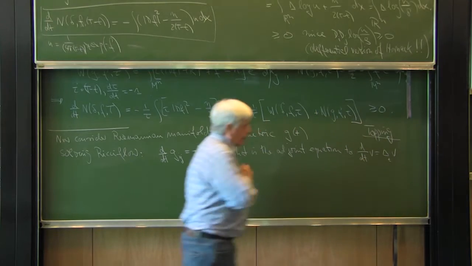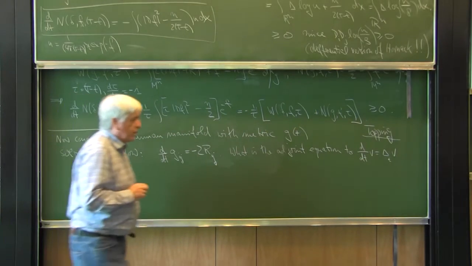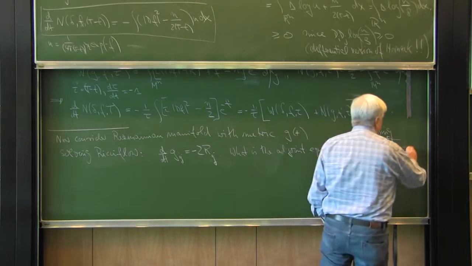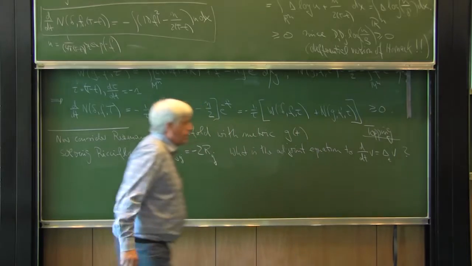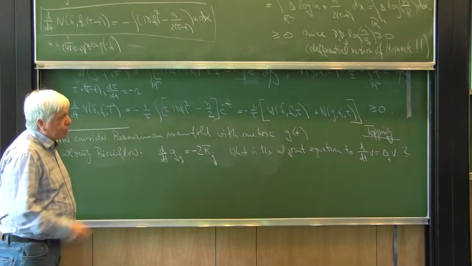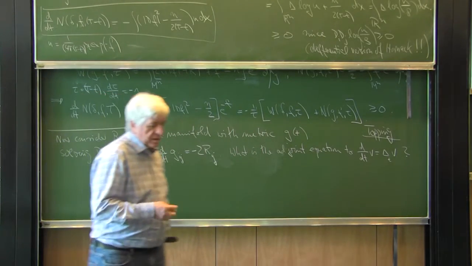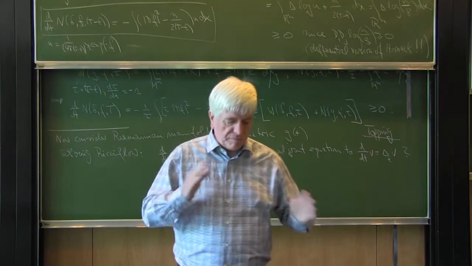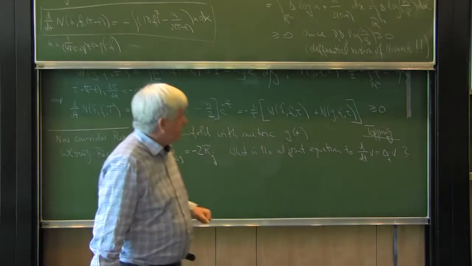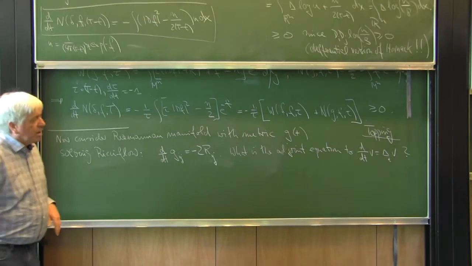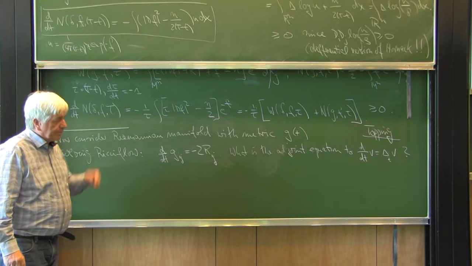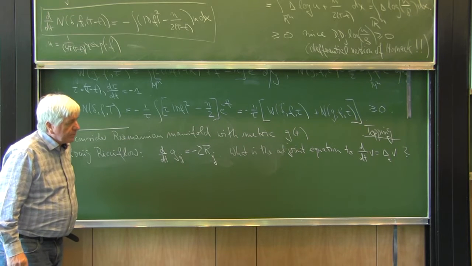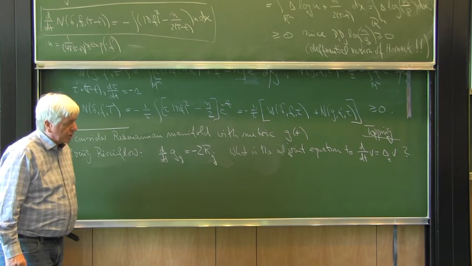This is, of course, the Laplacian with respect to the metric g of t. So we want to look at the adjoint equation. Adjoint means we want that d/dt of the integral of v times u is equal to 0 if the u satisfies the adjoint equation.